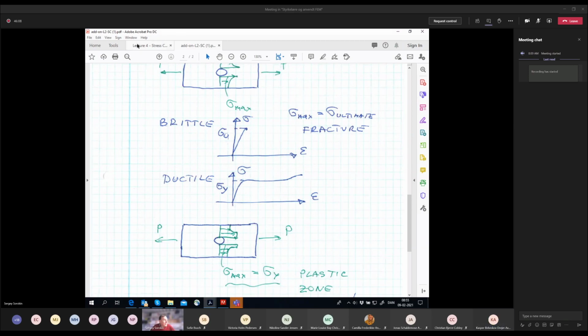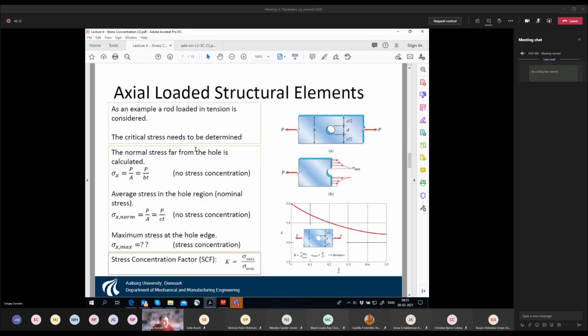If we return to this nice picture from the book, you just divide by this C times T. You have C half and C half, so this length plus this length, and T is the thickness. So the nominal stress is defined like this.